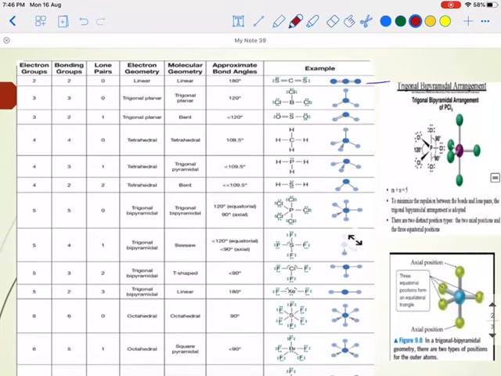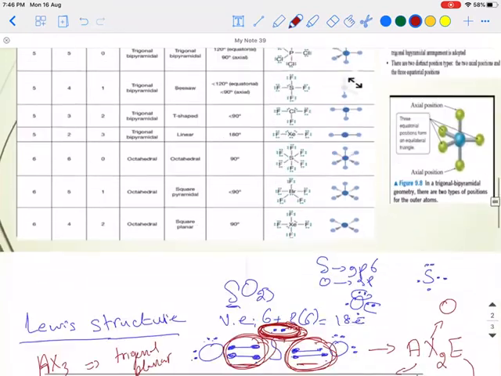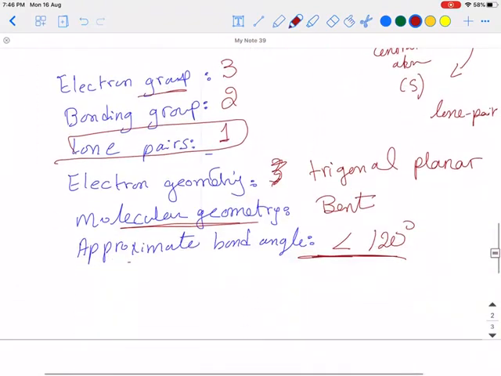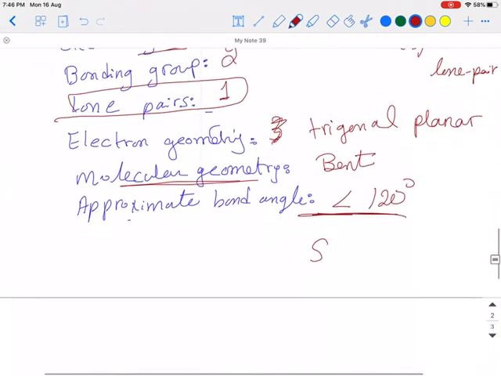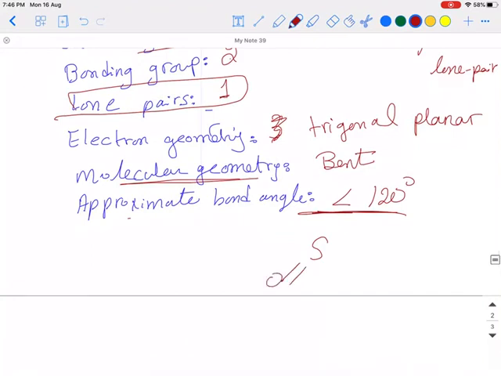So as you see here, it is 3, as we said, and the bonding groups 2, lone pair 1. Electron geometry 3 around it, which is trigonal planar, but we said the effect of the lone pair makes it bent and the angle less than 120. So if I want to draw it correctly according to the molecular geometry, I will draw it bent in structure.